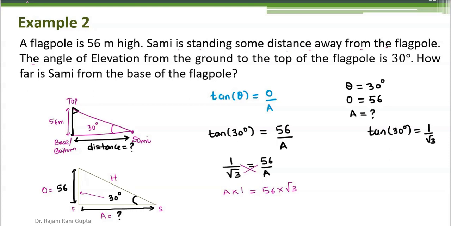So A times 1 is nothing but A, and 56 times root 3 is 56 root 3. A is nothing but the distance. So the distance is 56 root 3, and since this was in meter, this is also meter. I believe this method is much easier for you, so go ahead with this.